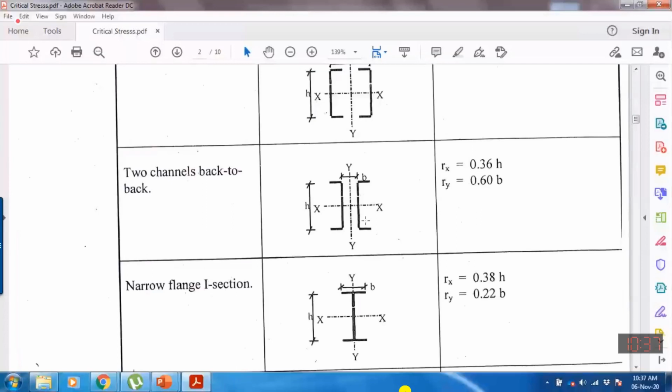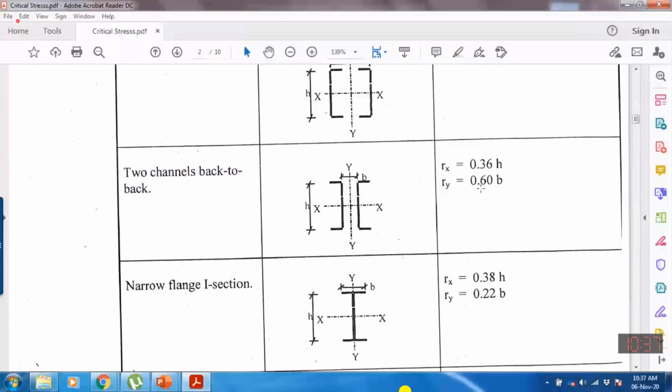Here we have two channels placed back to back. In this formula, B is the clear distance between the webs and H is the height. In this empirical relationship, Rx is equal to 36% of H, meaning 0.36 of H, and Ry is 0.6 of B. This is just approximate, not an accurate value.